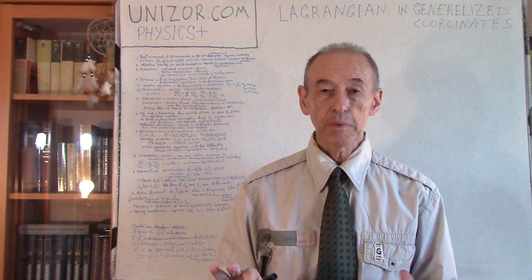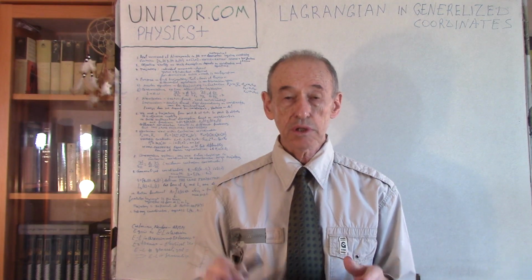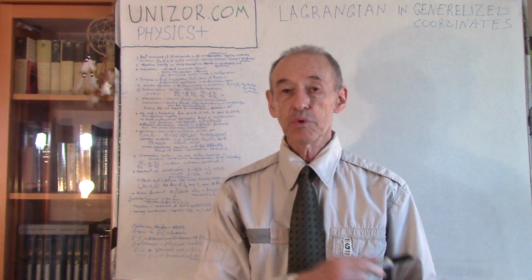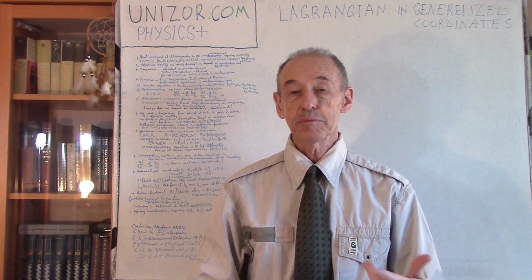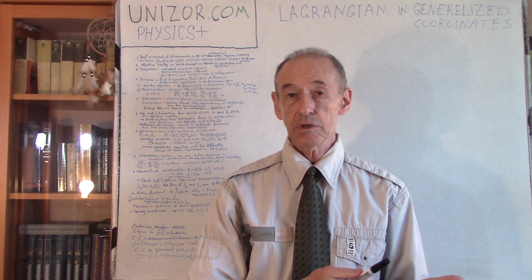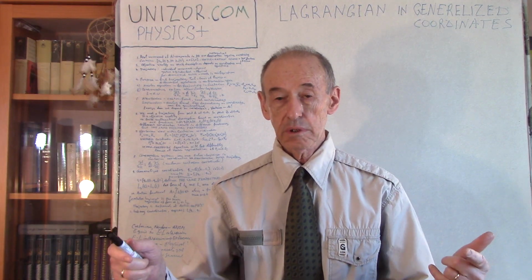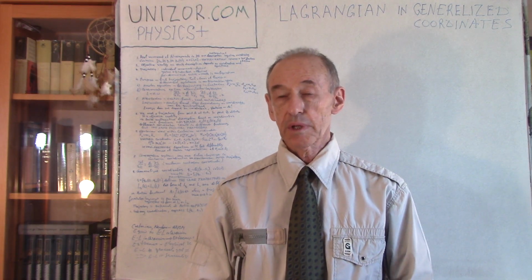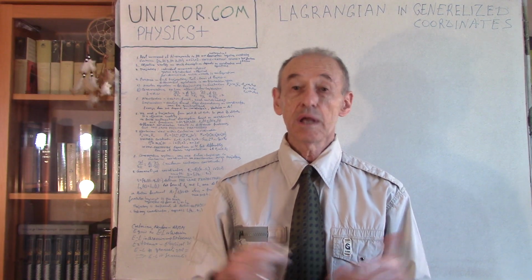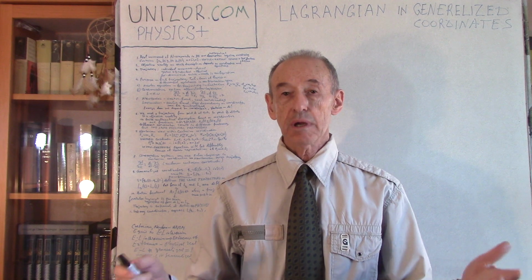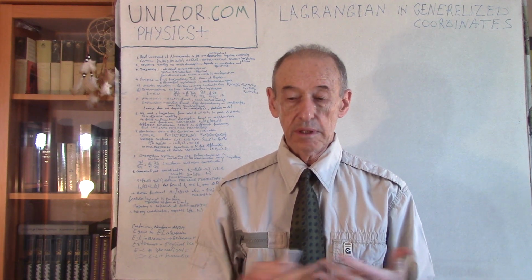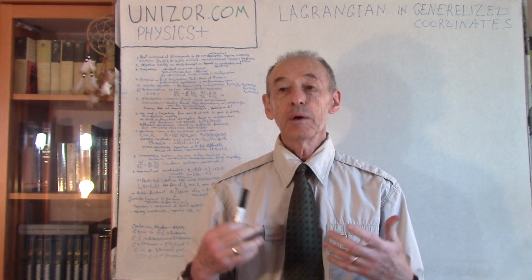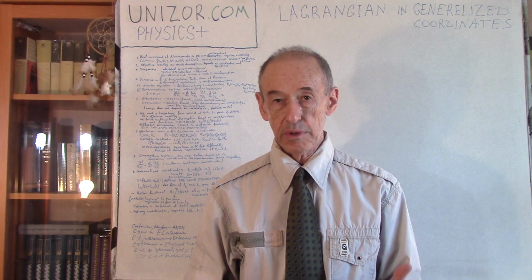Now, today we'll talk about Lagrangian in generalized coordinates. Generalized means basically any kind of coordinates, which can be smoothly related to Cartesian coordinates by transformation. For example, on the plane we have Cartesian coordinates with two perpendicular axes, and we have, let's say, polar coordinates. In space we have cylindrical coordinates, spherical coordinates, and Cartesian. These coordinate systems are basically equivalent in some way because they uniquely identify a point in space with a certain number of real numbers.